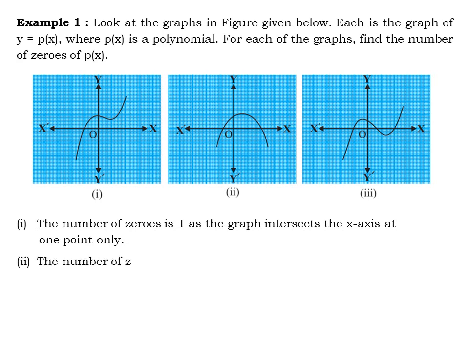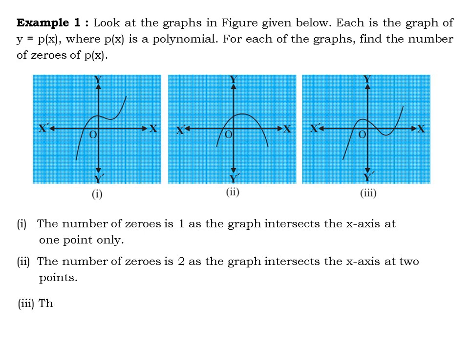So the number of zeros is 2. Again the graph intersects the x-axis at 2 points. And talking about the third one, here we can see the graph intersects the x-axis at 3 different points. So directly we can say the number of zeros will be 3.